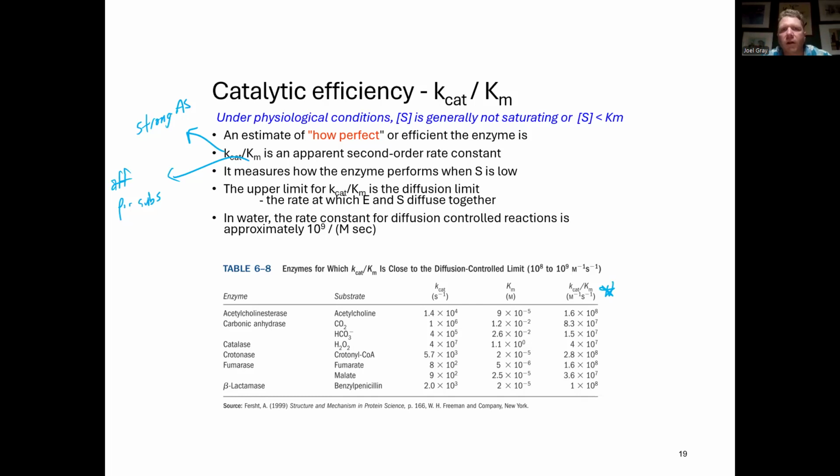Because if you have a very high Km, a high Km means a low affinity. You don't want a low affinity because that means your enzyme has to be searching for that substrate. And then finally, when it finds it, if the kcat is high enough, then it converts it easily to product. So what we want is a very high kcat over Km. The higher the ratio is, the more efficient your enzyme is.